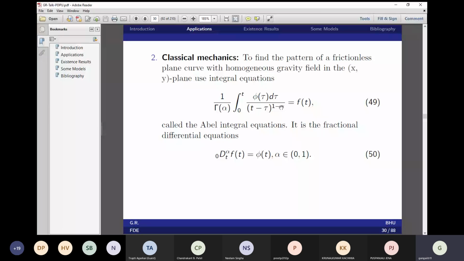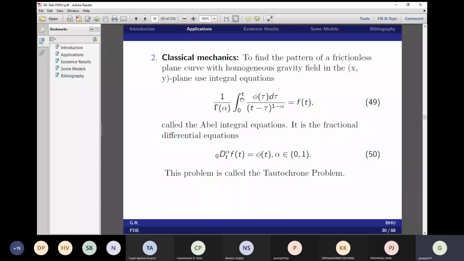This Abel's integral equation is basically a fractional order differential equation. It means that to find the shape of the frictionless plane curve, we can use fractional calculus. This is another application, and this problem is called the tautochrone problem.